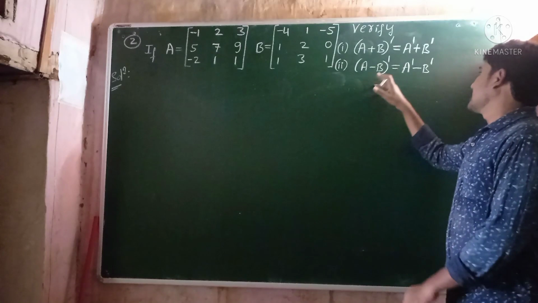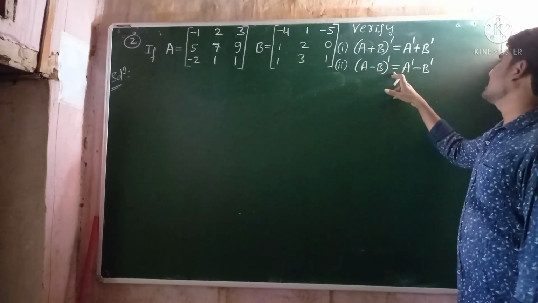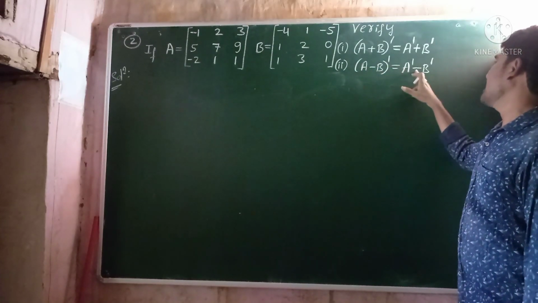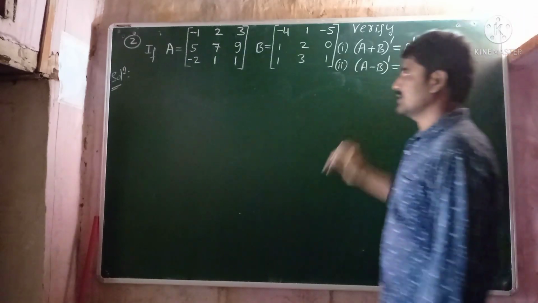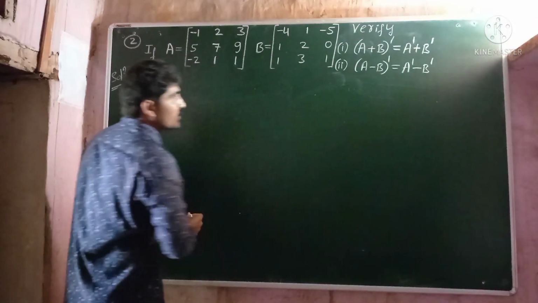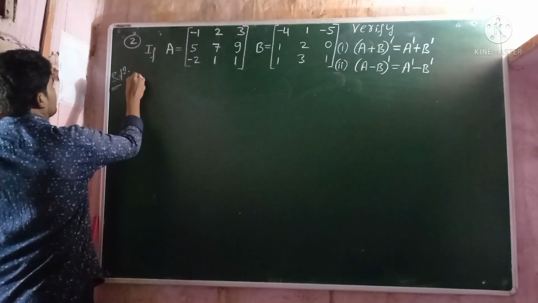Now the second equation: transpose of A minus B matrix is equal to transpose of A matrix minus transpose of B matrix. So let's start verifying the second equation.